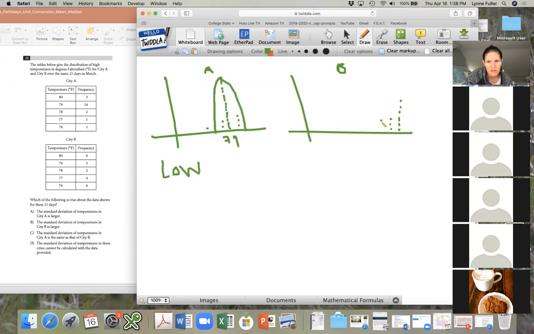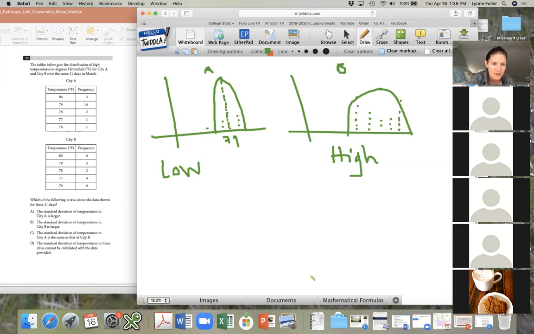We have 2 at 78. We have 4 at 77. And we have 6 at 76. So I would say that that bell curve is quite wide. We call that a high standard deviation because the data points range much more widely, in how often they occur, between all the data that was presented.